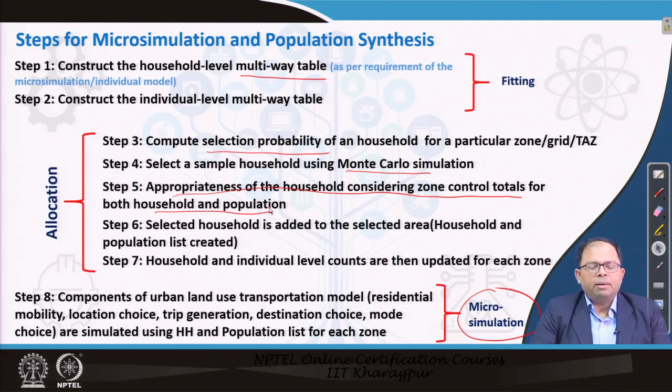Once we say that particular selection is appropriate, we can add that selected household to the area for which we are developing this synthetic population, and we create a household and population list for that area. We also update the household and individual level count for each part of that zone, and then we repeat the selection of another household.